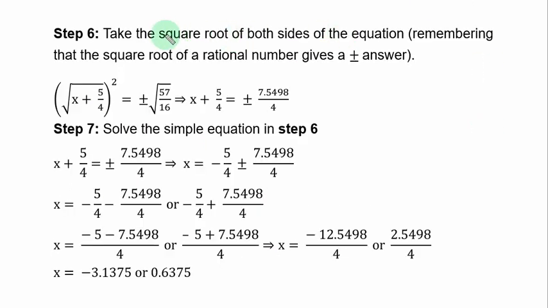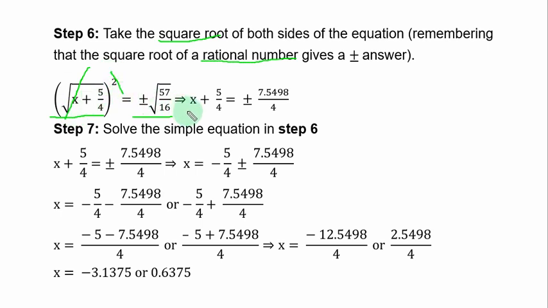The next step is to take square roots of both sides of the equation, remembering that the square root of a rational number gives a plus minus answer. So you take the square root of the left hand side and the square root of the right hand side. So square roots cancel square.